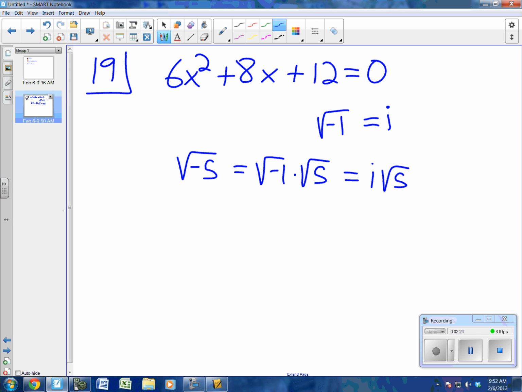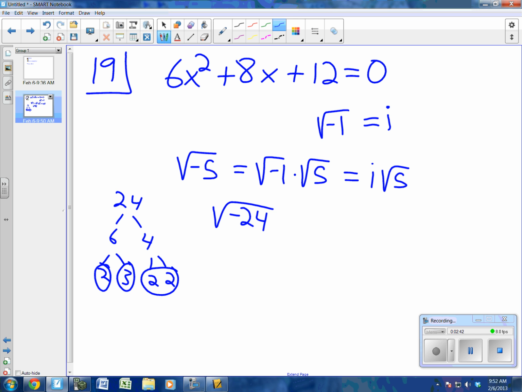So you also might get something like this, the square root of negative 24. And so then I've got to break down 24: 6 and 4, 2 and 3, 2 and 2. There's a pair, loner, loner, right? And so that's going to break down into 2 root.